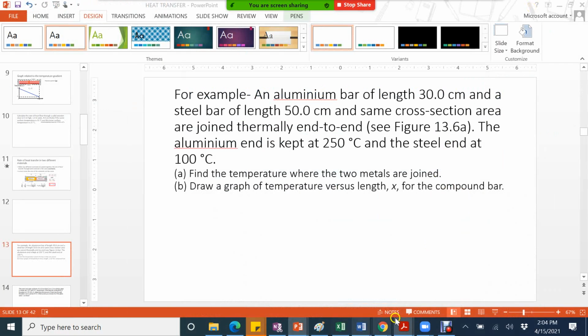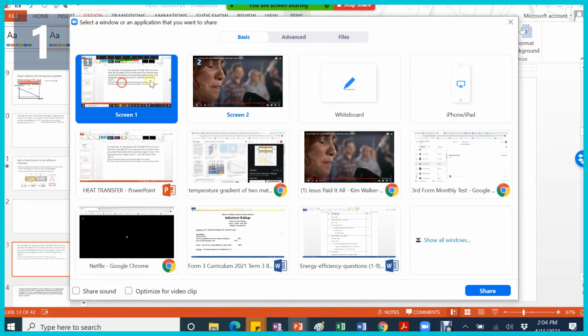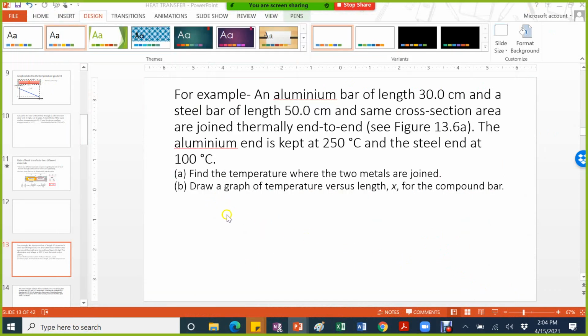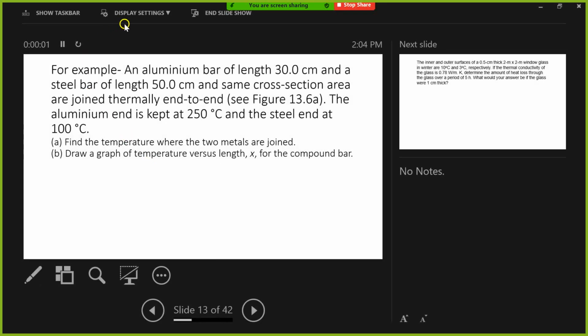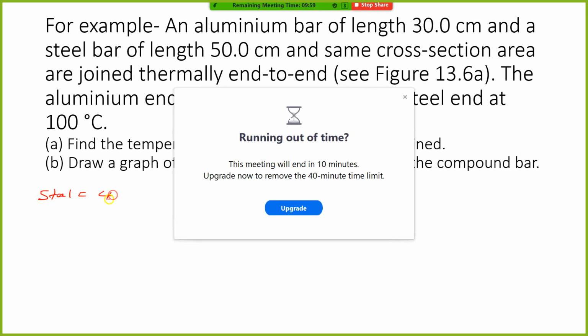Aluminum is 200. All right, so we said that steel is 40 in terms of the K value, and for aluminum, that's 200.